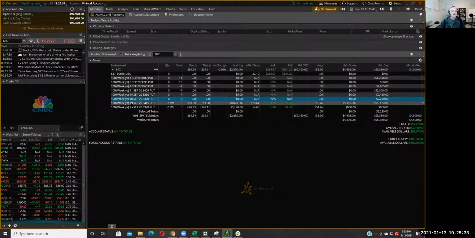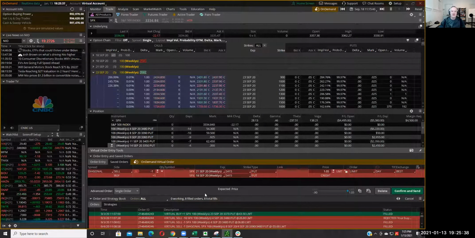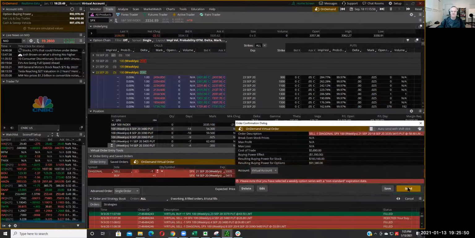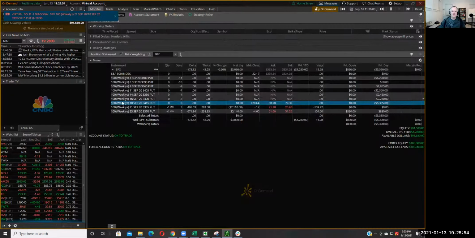So let's go and let's roll this 18th. See if we can recover a little money here to 33.35. We're rolling down, which in this case is going to be a $58 debit. So this is kind of that roller coaster thing. I don't think this strategy works great on a big roller coaster.